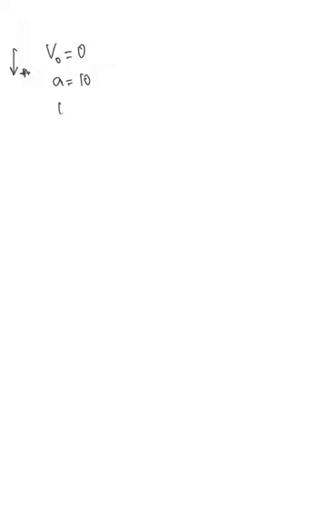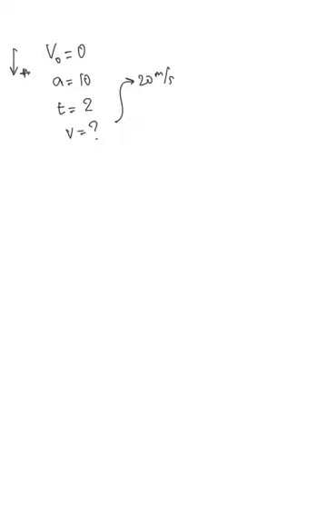And we want to know the speed after a time of 2 seconds, so we're looking for the v. Use the appropriate kinematics equation to get the answer of 20 meters per second. That's a pretty basic one, so I'll let you show the work on that one.